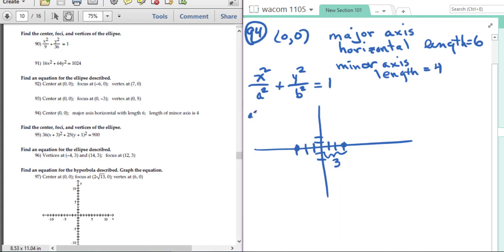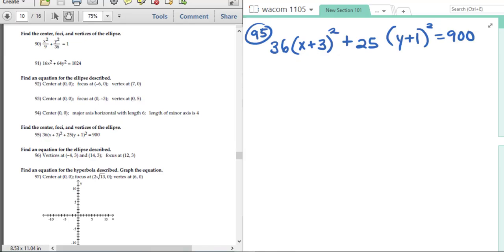So a equals 3, b equals 2. And actually we can write the equation without doing anything else. It is x squared over 3 squared, which is 9, plus y squared over 2 squared, which is 4, equals 1. So it just looked tricky there.